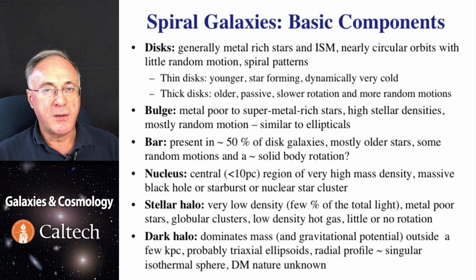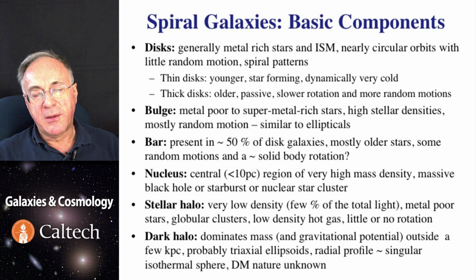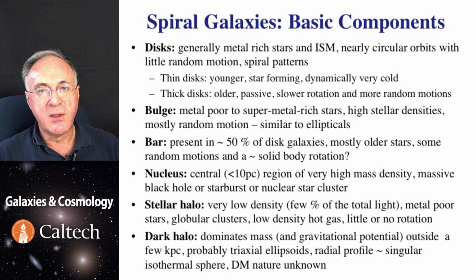About half of all spirals contain a bar-like feature, and you've seen pictures. Sometimes spiral arms begin at the ends of the bar. Bars are similar to bulges in their composition, but dynamically they're distinct. In their very centers, some people argue that spirals contain an additional component concentric with the bulge itself, which may be very dense.